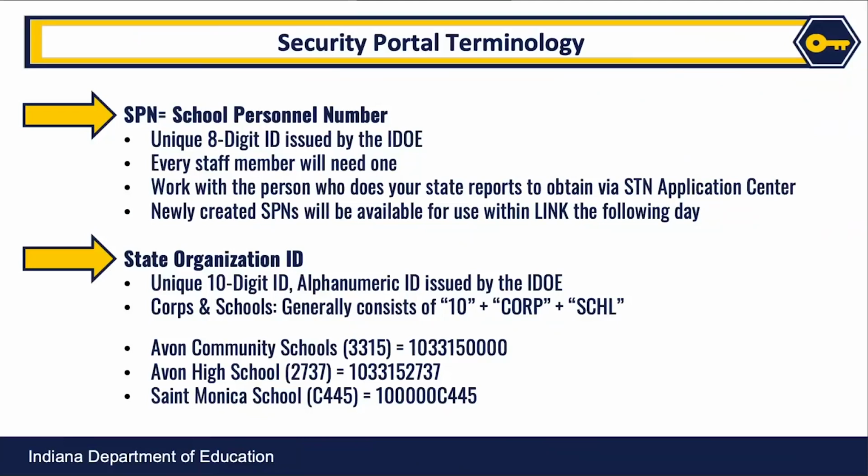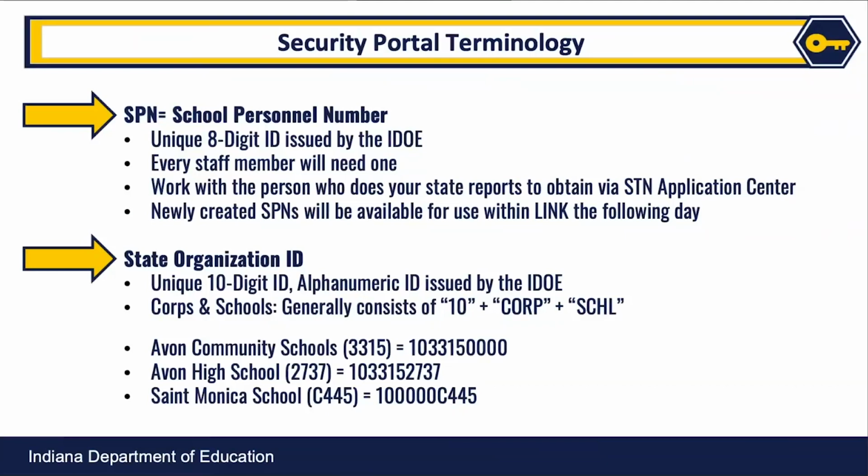State Organization ID. This is a unique 10-digit alphanumeric ID issued by the IDOE. Corps and schools generally consist of 10 plus the corp number plus the school number. Other organizations can locate their 10-digit state organization ID within the security portal.